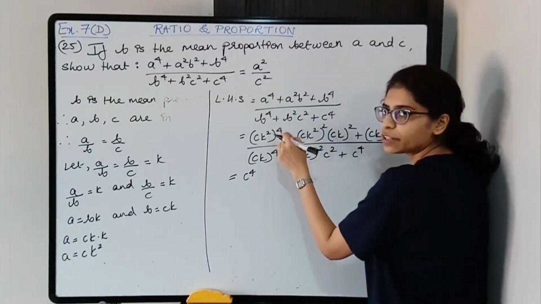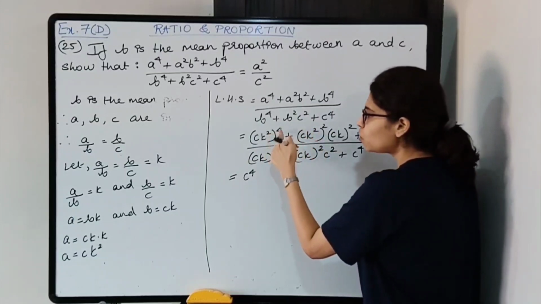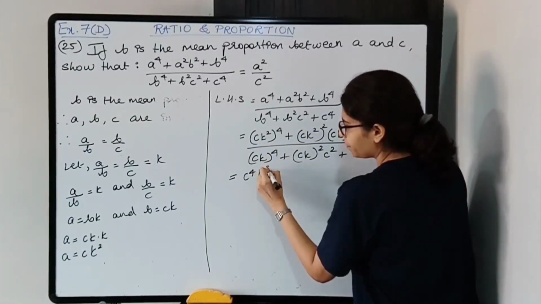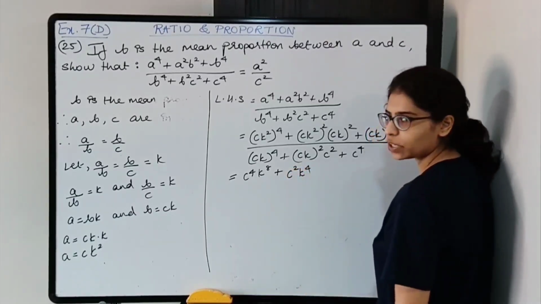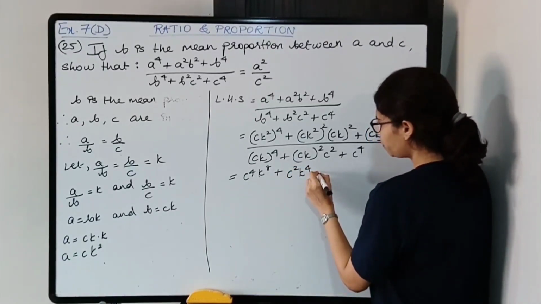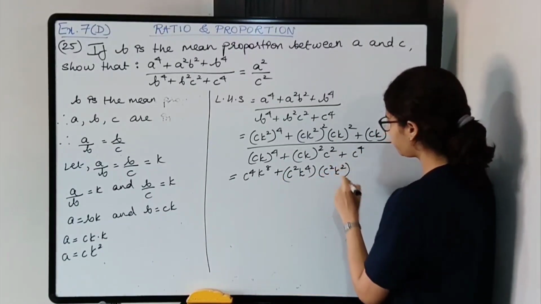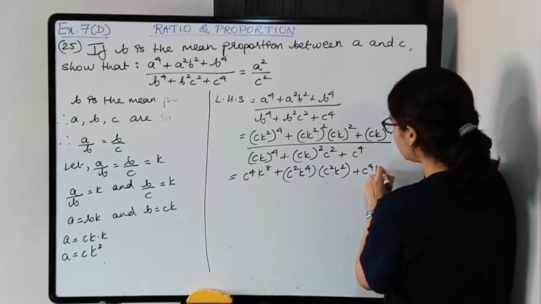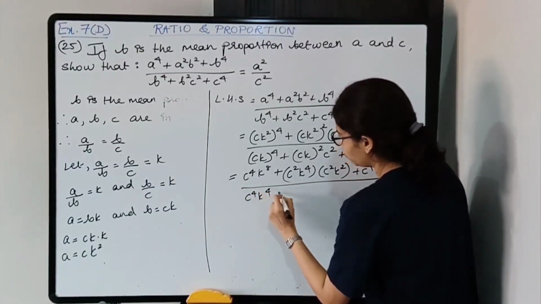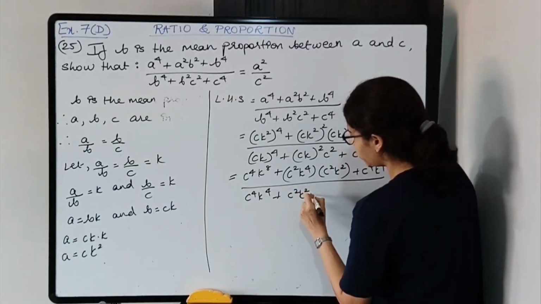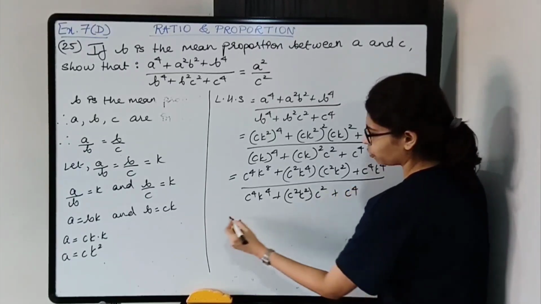So here, whenever you have some power raised to the other power, you multiply the powers. So 2 into 4 gives 8. Okay. Here C square K 4 into C square K square plus C raised to 4 K raised to 4, plus C square K square into C square plus C raised to 4.